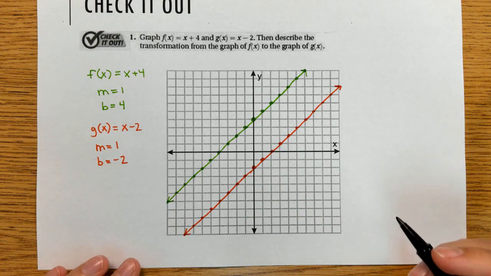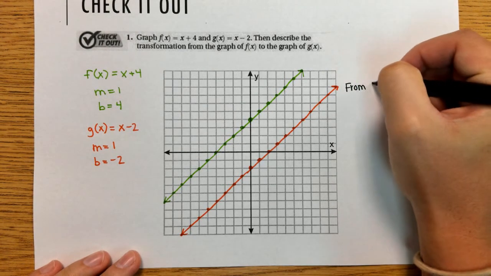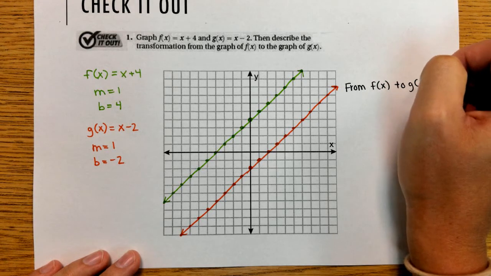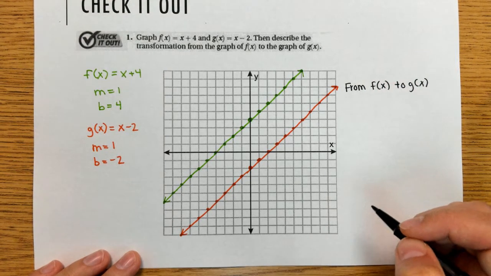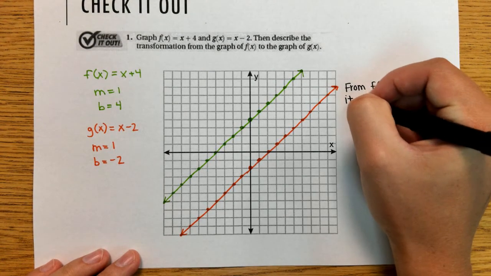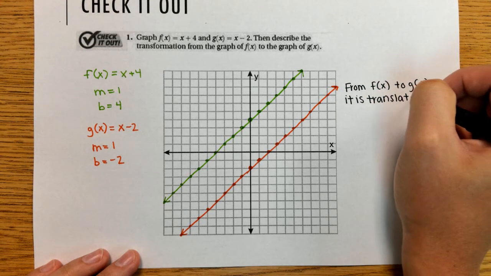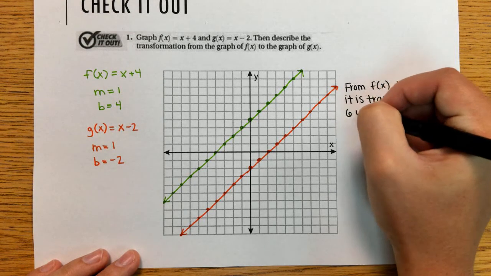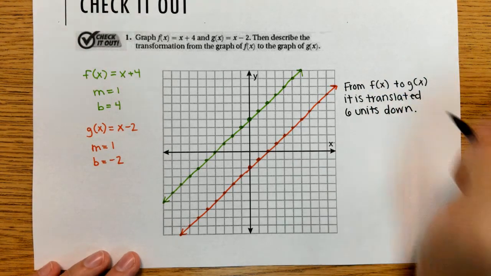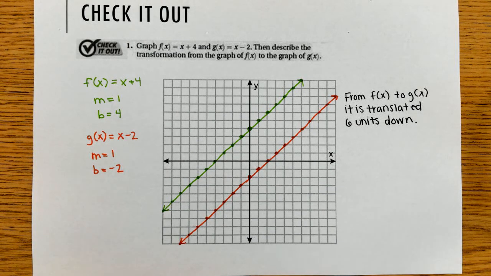So from f of x to g of x, we are translating 6 units down. So those are our translations.